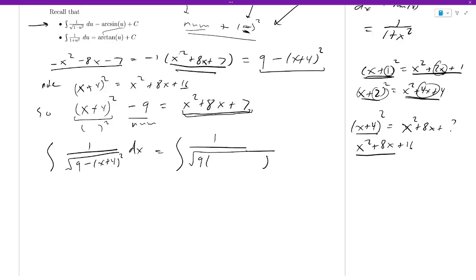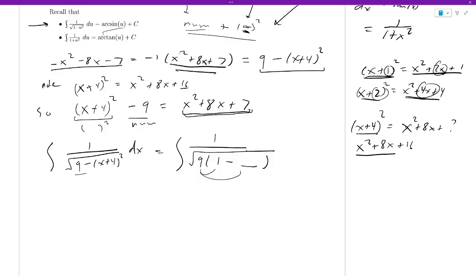I want to think, what could I write here? If I imagine pulling a 9 out of everything in the bottom, that would be where my 1 is coming from, right? Because I'll have 1 minus something here, but when I distribute the 9 through, the 9 on the 1 gives me this 9. So I'm imagining pulling the 9 out. What would have to go in the second part?